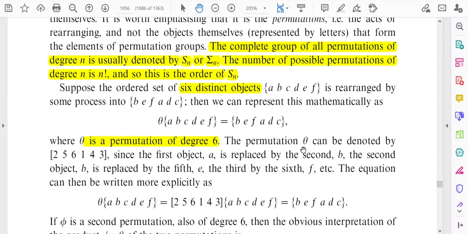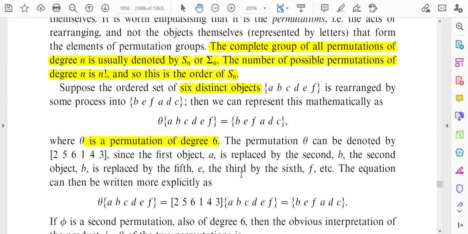Now the permutation theta can be denoted by 2, 5, 6, 1, 4, 3. Why? Because you see the first object A is replaced by the second, B, so we write 2. Now the second object B is replaced by the fifth: E comes here after the rearrangement, E is the fifth object, so we write 5.